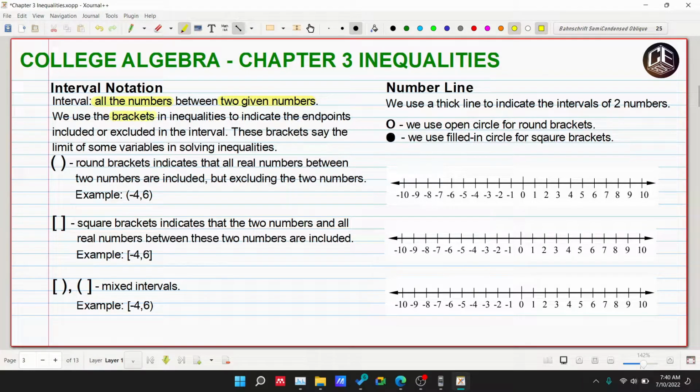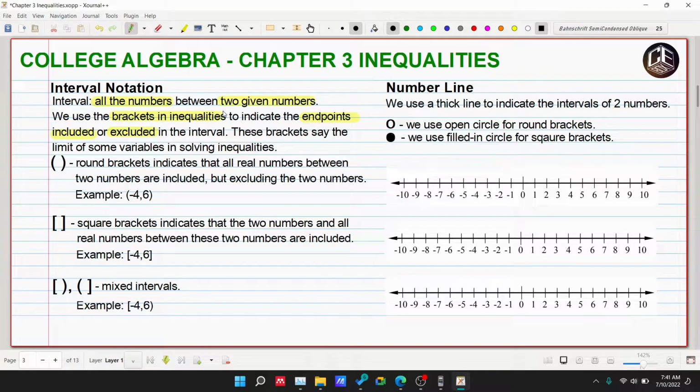So, we use brackets in inequalities to indicate the endpoints included or excluded in the interval. So these brackets say the limit of some variables in solving inequalities. Okay, so di ba, ating chapter 1 na pag-aralan natin kung ano nga ba yung different types of brackets.